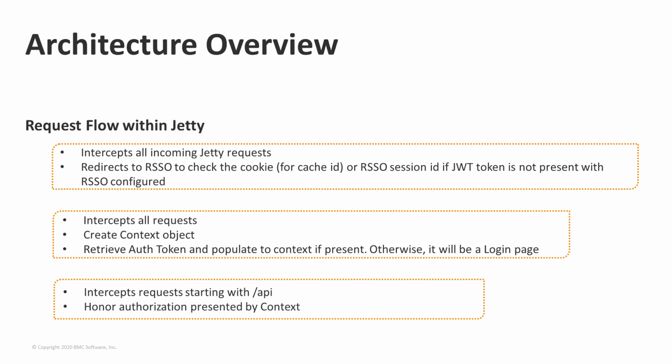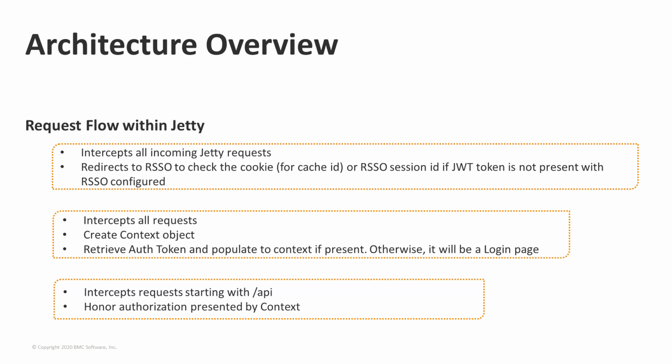If it doesn't have a JWT token, then it will look for some RSSO session ID or this info, which is based on RSSO as well as Jetty integration. If it's not there, then it will send the request back to the respective RSSO server to get it authenticated, and then the request will go further.